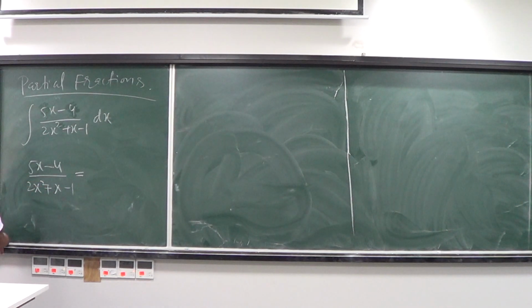And what is the way of simplifying it? The first thing could be to factorize the numerator and denominator and see whether something cancels out. Let's do it and see what we get.